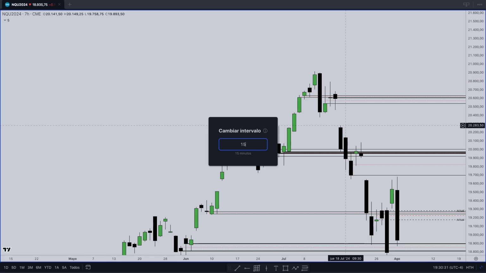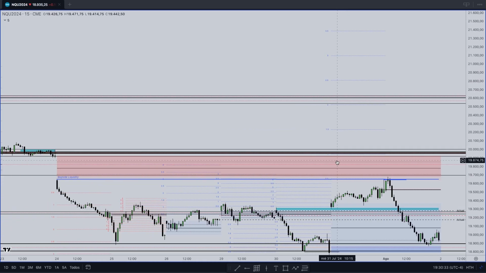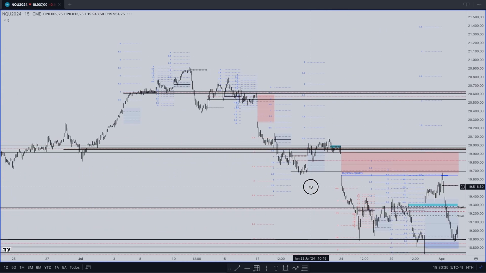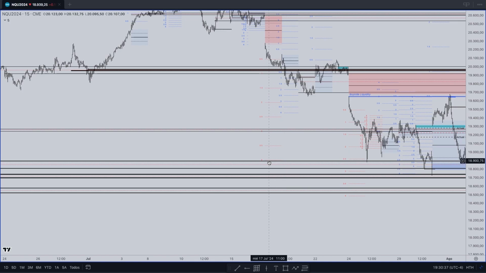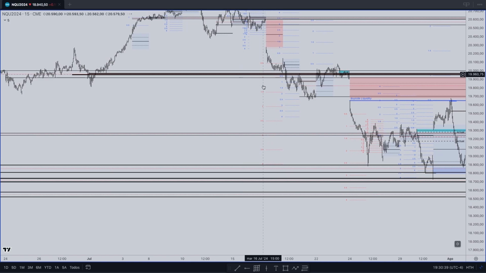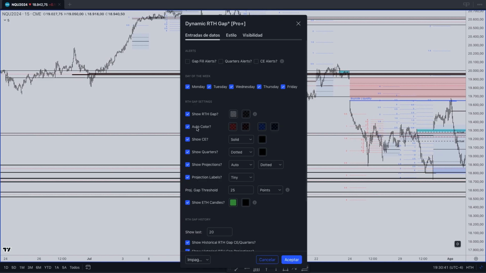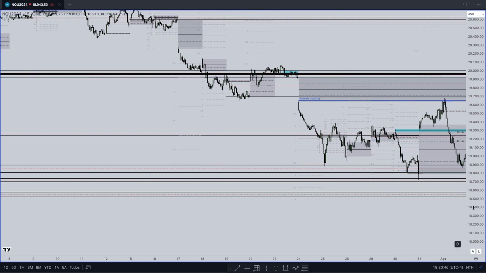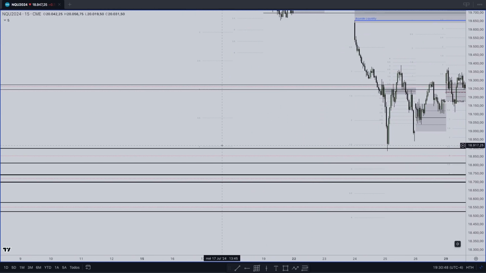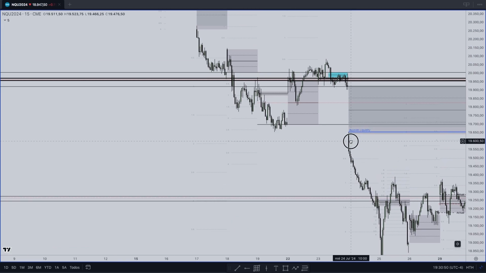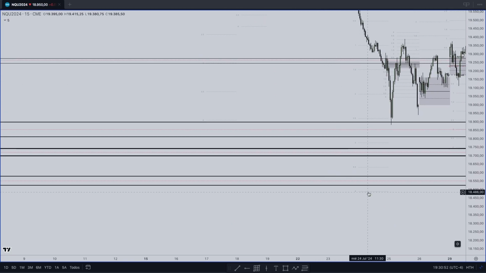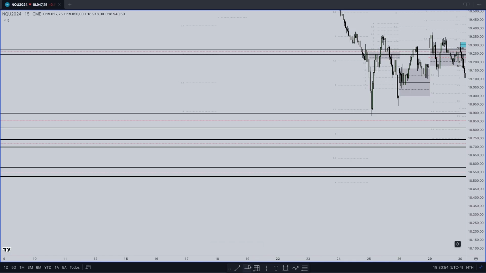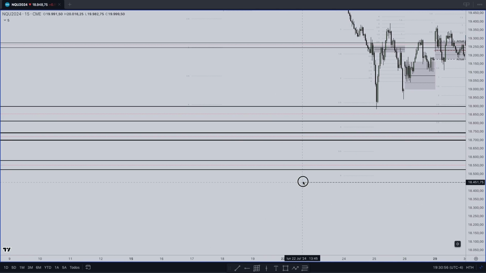I have it on my tool. You can see how we have, automatically, and I will change the color, okay, we have 4 standard deviations here, and from this gap the 4 standard deviation is right here.